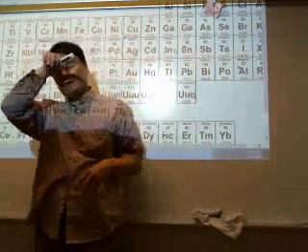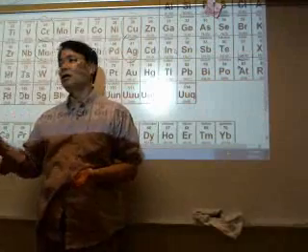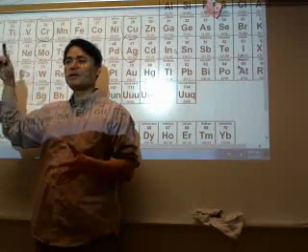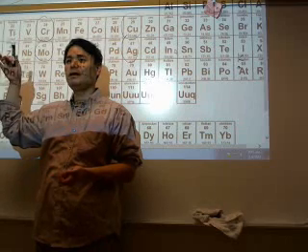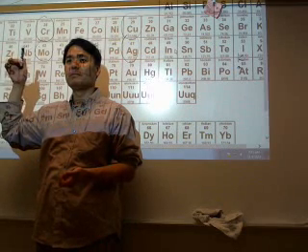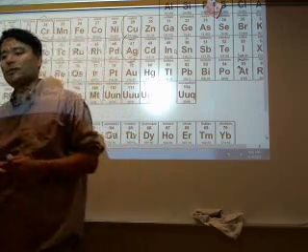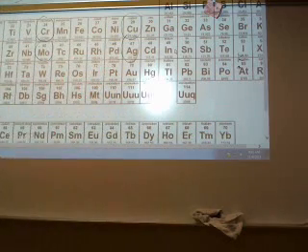To fill the valence shell in the fourth shell, how many valence electrons does it hold? 8. In other words, to fill up all the valence orbitals in the fourth shell, how many electrons do we need? 8. And so there's the octet, right?